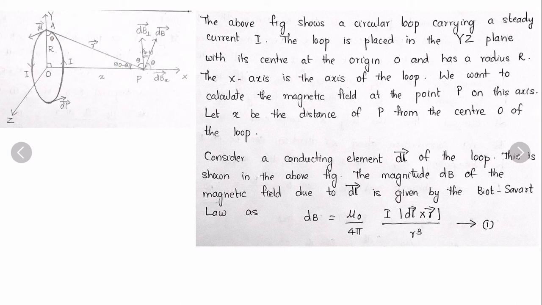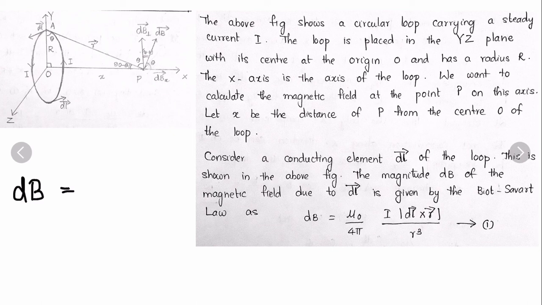Then according to Biot-Savart's law, the magnetic field at P due to dl bar, in magnitude form, is dB equal to mu 0 by 4 pi I dl r sin theta by r cube.